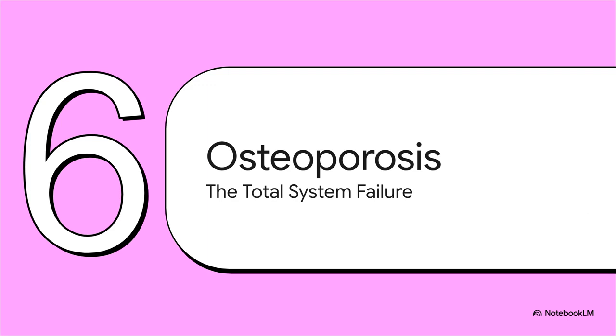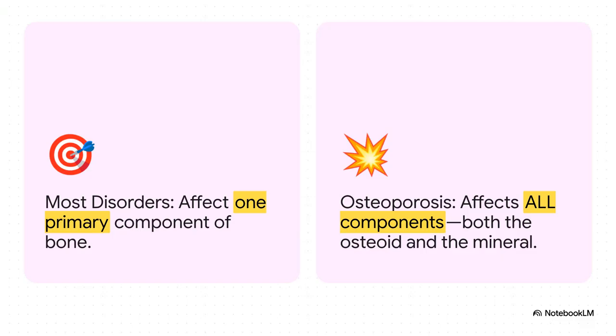Okay, so we've established a pretty clear pattern here, right? A specific component, the bricks, the frame, or the crew, fails, and that leads to a specific type of disorder. But there is one major condition that just completely breaks this rule. Let's talk about osteoporosis. So here it is. This is the crucial difference.